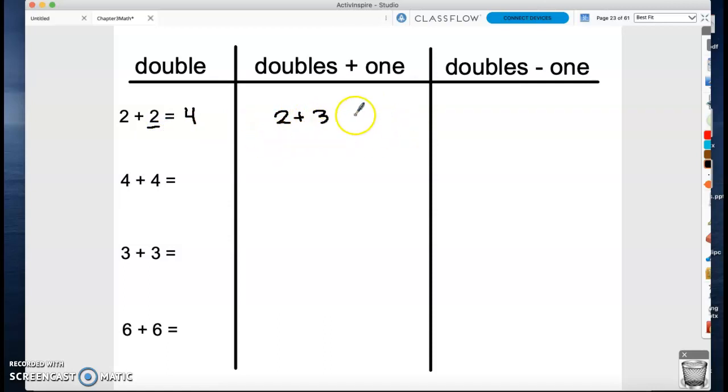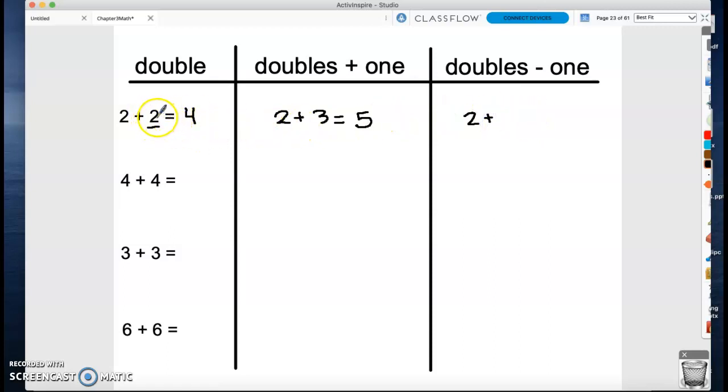So if I know that 2 plus 2 is 4, I'm going to add 1 more to that, 2 plus 3, add 1 more to 4, that becomes 5. So the opposite of that is I'm going to subtract 1 off. Remember, our double, one of our numbers stays the same, plus, now I'm going to subtract 1.